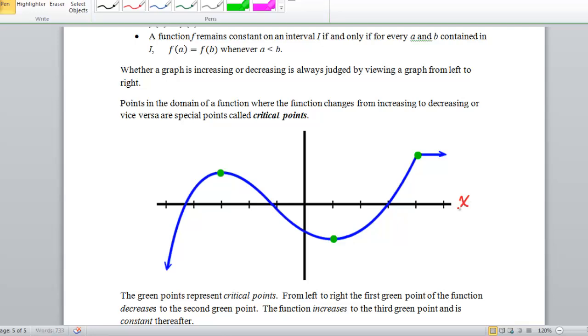Now, all intervals are based over the x-axis, and we're reading this from left to right. And so don't get caught up with the arrows. This arrow looks like it's pointing down, so it seems like it would be decreasing, but technically from here to here we are actually in an increasing spot, because from this point here to go up to the critical point, we have to be increasing to that critical point.